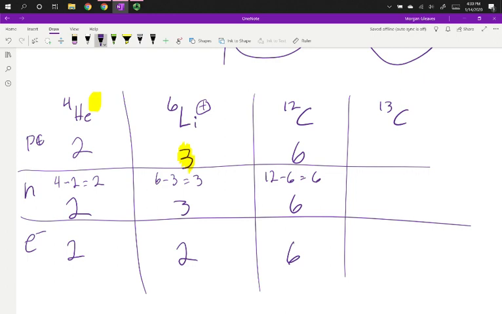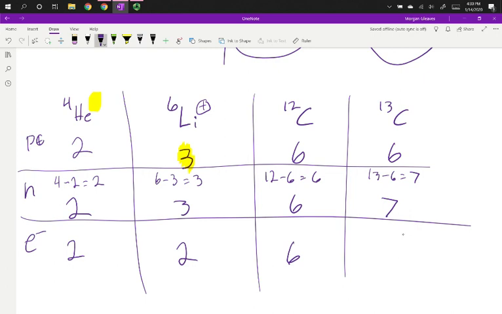If I go to carbon 13, however, well, it's still carbon. It is still only 6 protons. That is what makes it carbon. Well, 13 minus 6 leaves me with 7 left over, so I must have 7 neutrons. So carbon 13 has 1 more neutron than carbon 12 did.